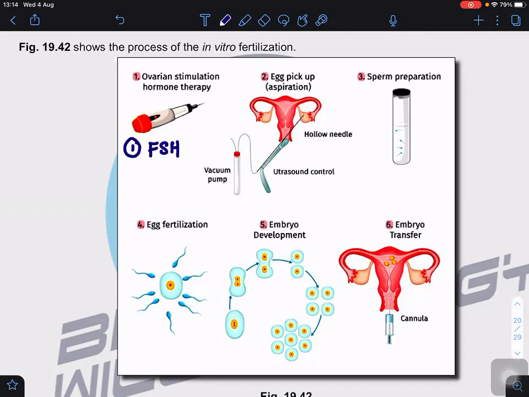So when LH is released, one of these mature follicles will undergo ovulation.